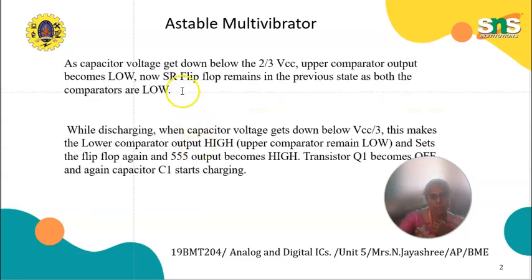When the capacitor voltage goes below 2/3 VCC, the upper comparator output becomes low, and now the SR flip-flop remains in the previous state as both the comparators are low. While discharging, when the capacitor voltage gets below VCC divided by 3, this makes the lower comparator output high and sets the flip-flop again, and the 555 timer output becomes high. The transistor Q1 becomes off, and again the capacitor C1 starts charging.